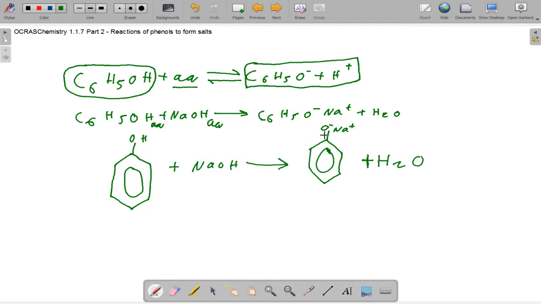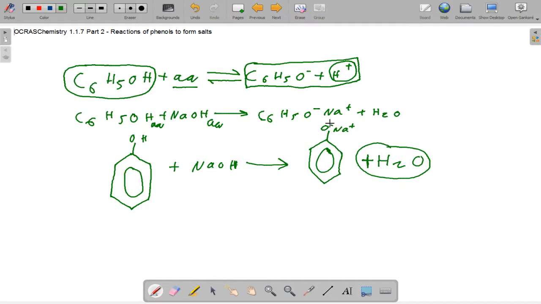It goes benzene O- Na+ plus H2O to cancel out those charges with the extra H+ ion there. The H+ ion is not regenerated, so I can't call it a catalyst. Actually, it is a species that does not regenerate itself.